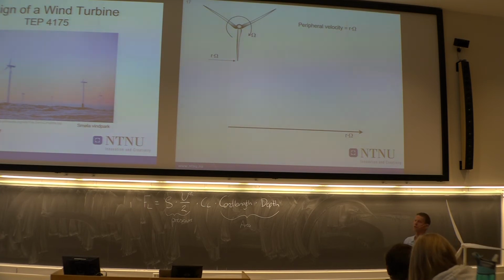First of all, we need to define a few things. We have a rotational velocity of the turbine, or a peripheral velocity, meaning the velocity of the tip. Let's assume that we are on the tip now. And that is tangential to the rotation of the turbine.